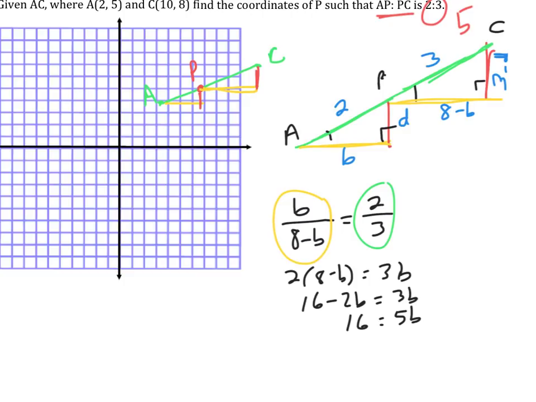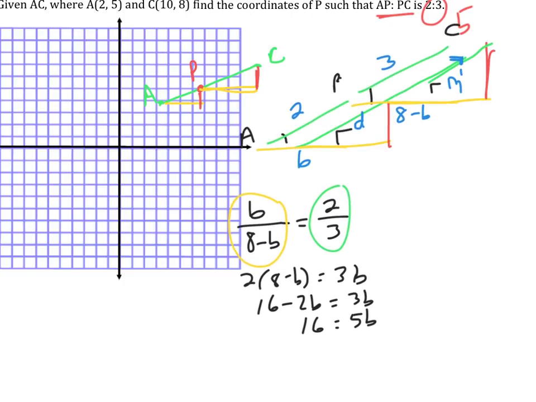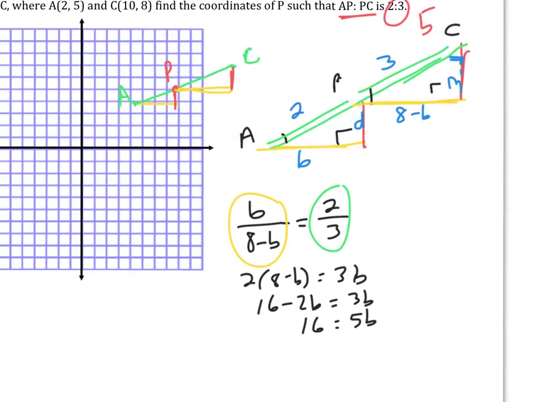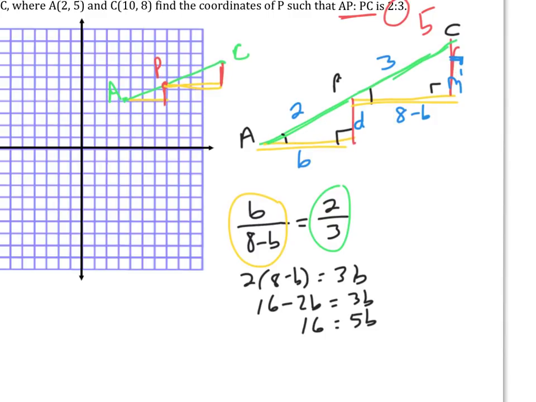Let's do it this way. So, while we're moving, let's go ahead and move things over just a tad. So I'm going to get B equals 16 divided by 5, which is, what, 3.2? 3.2. So no wonder it wasn't working out, because we got this nice decimal.